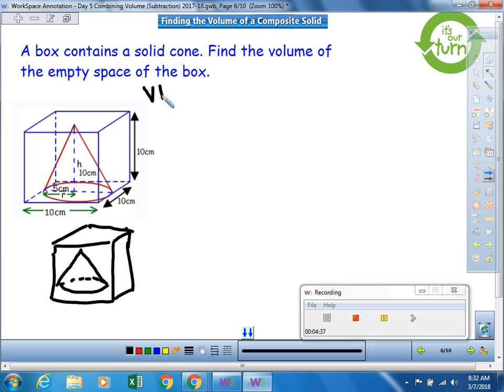So we have the volume total. Which one's the outer, the larger figure? Okay, and it's all 10 by 10 by 10. So it's a cube, but we're going to put prism, volume of the prism. You can put volume of the cube. And we're going to minus the volume of what's inside? The cone.